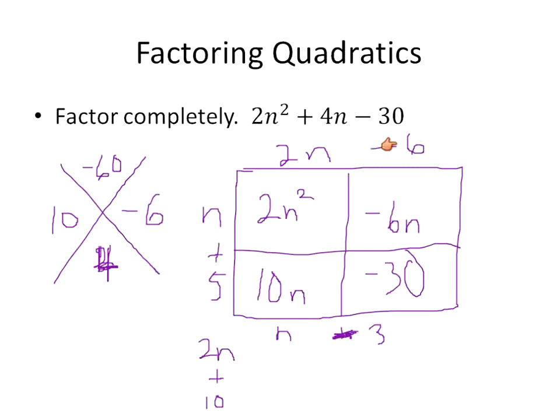With the 2, right? These are both divisible by 2. So if I factor out a 2 from there, this becomes 2 times n minus 3, and then that times n plus 5, right?